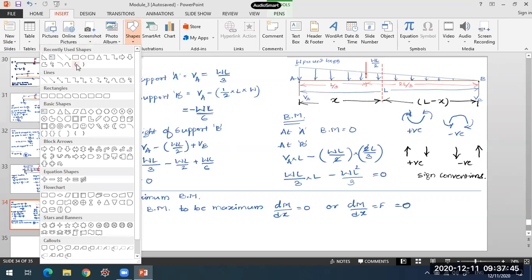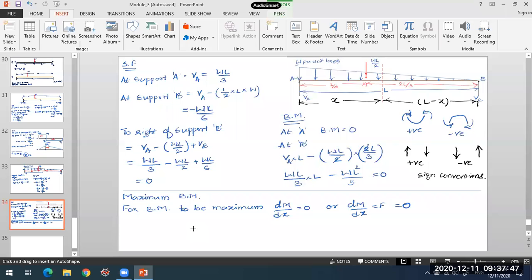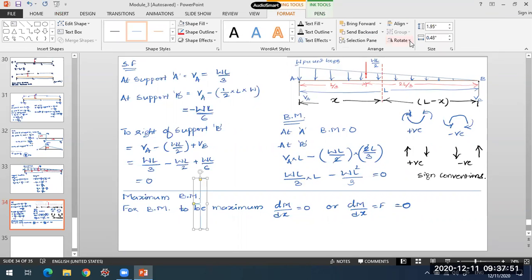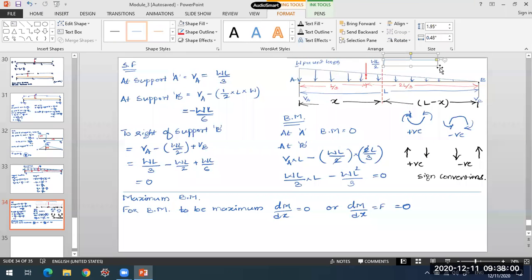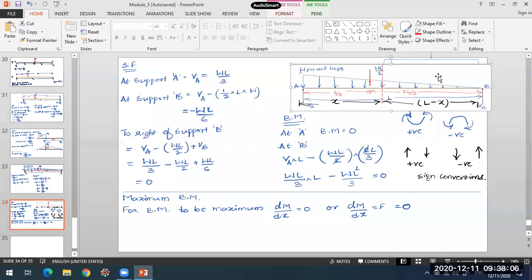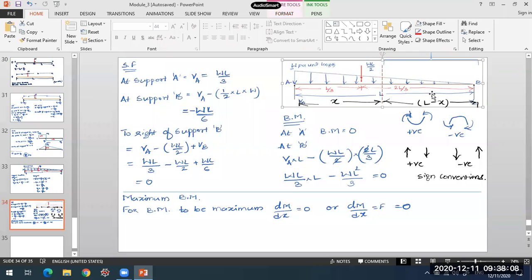Now I'm finding the point of zero shear force. Where is my point of zero shear force that I'm determining over here? For that, I'm going to consider the summation of forces to the right of my section. This is my section over here. I will take the algebraic sum of all the forces to the right side of this section, and we'll find that point of zero shear force.